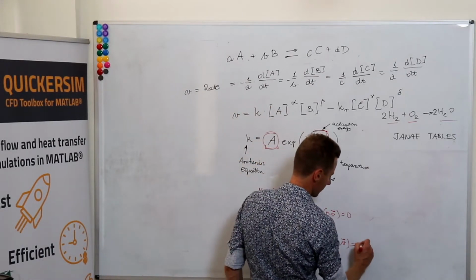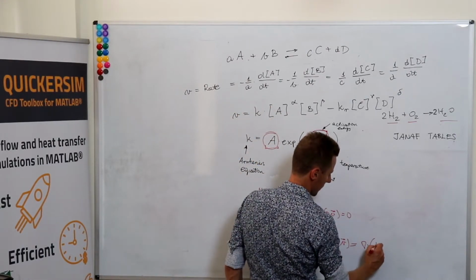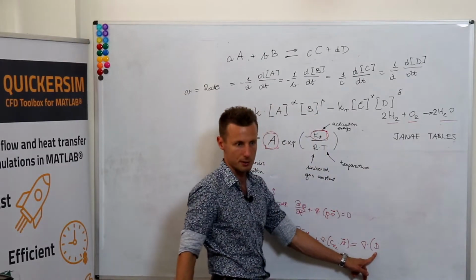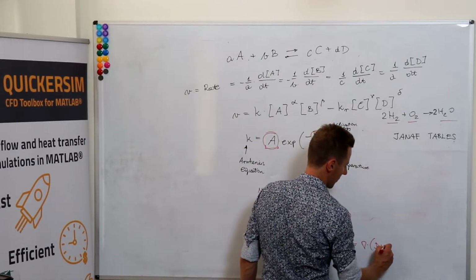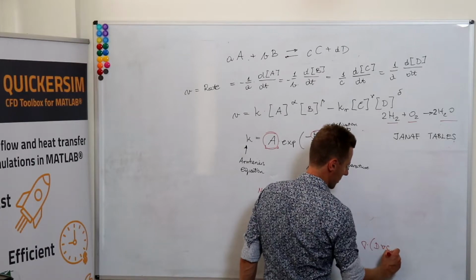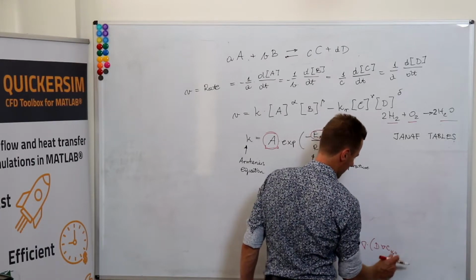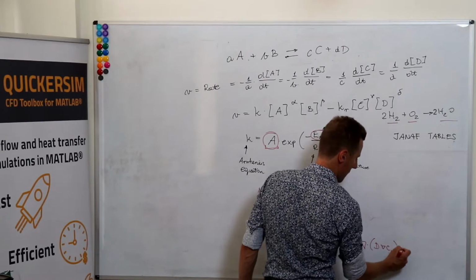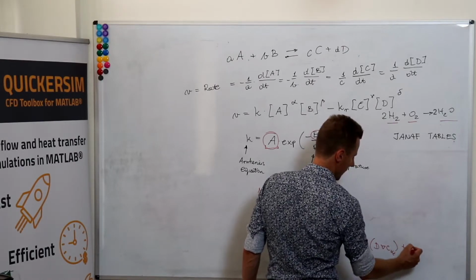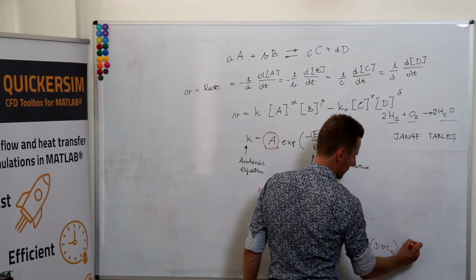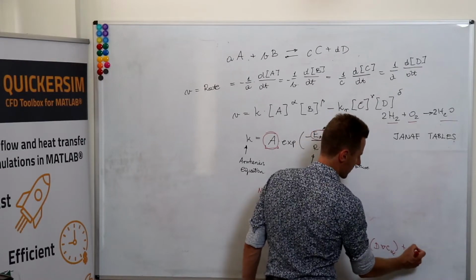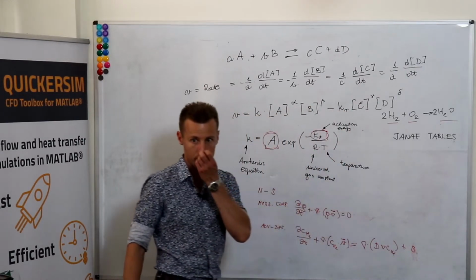What else? You've got some diffusivity constant times the gradient of concentration of H2, plus you've got some, let me call it S, the source term.